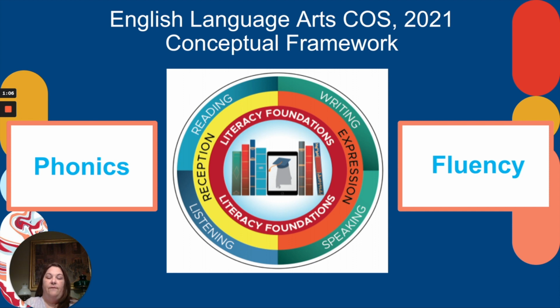Where do phonics and fluency, our focus area for this session, live in the conceptual framework? They live in the dark red Literacy Foundations band, which indicates the importance of a strong foundation needed for all areas of literacy. Why would these two foundational areas of literacy be woven together in this session? Because in Scarborough's reading rope, fluency is the weaving of the two portions, as we'll see later in this presentation.